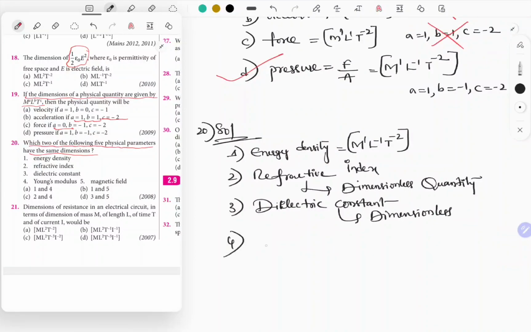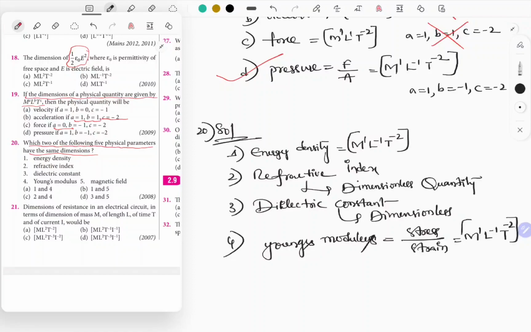Young's modulus. I've already explained. Young's modulus dimensional formula is the same as stress. Young's modulus is equal to stress by strain, longitudinal stress by longitudinal strain, which is equal to M power 1 L power minus 1 T power minus 2.